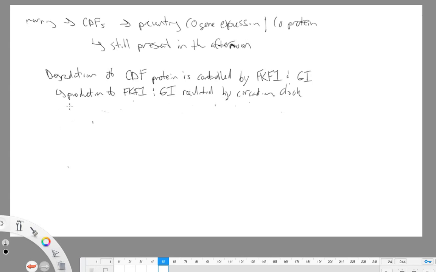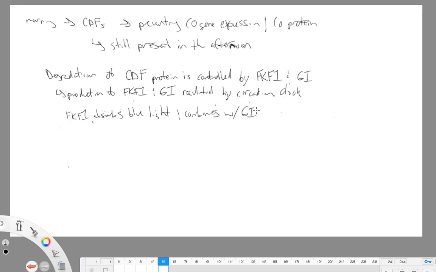So how this works is FKF1 and GI are produced separately. But on long days, FKF1 absorbs blue light, and that activates it, and it allows it to then combine with GI.